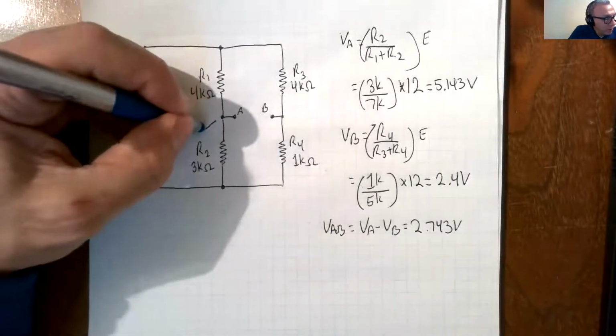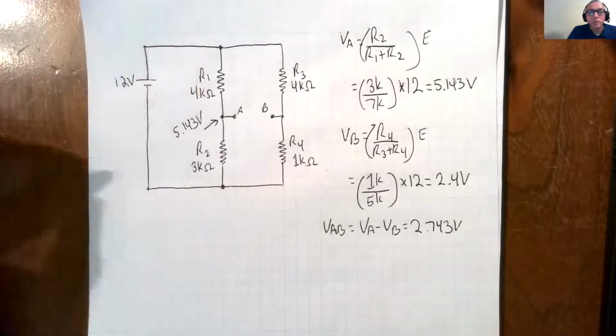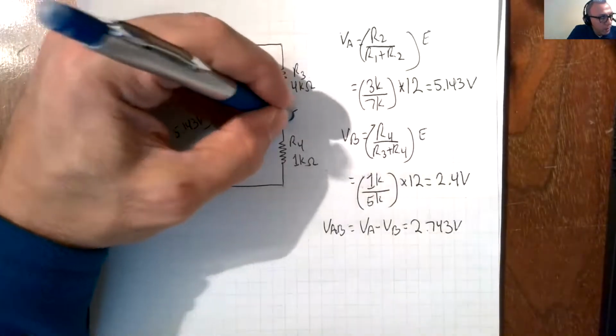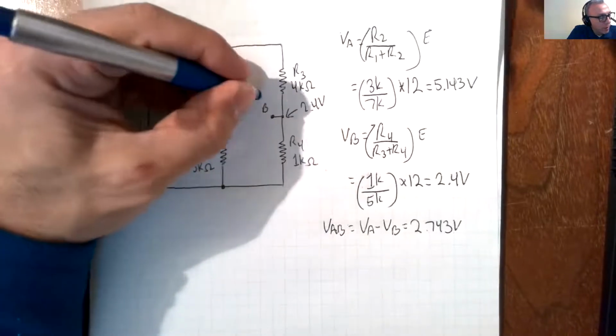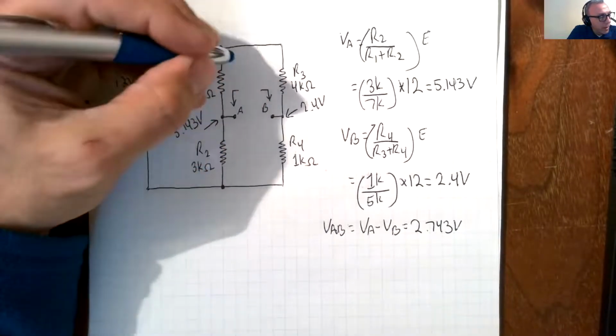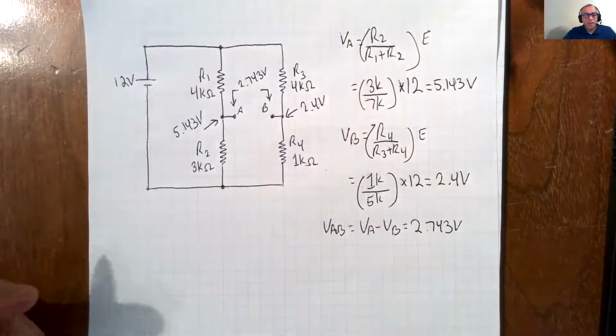So here we have 5.143 volts. At point B, we have 2.4 volts. And then between A and B, we have 2.743 volts. Okay, that is calculated.